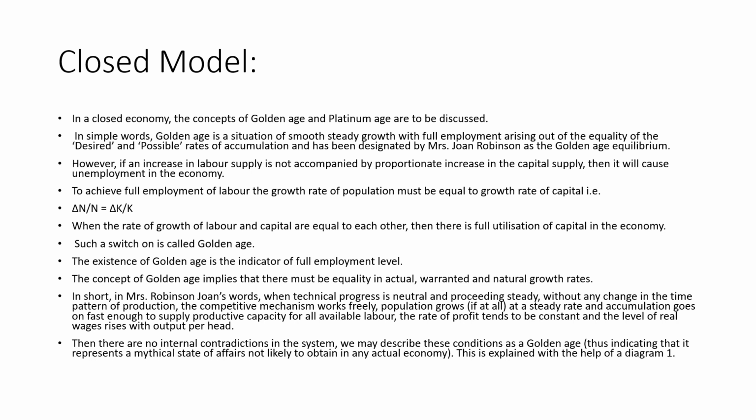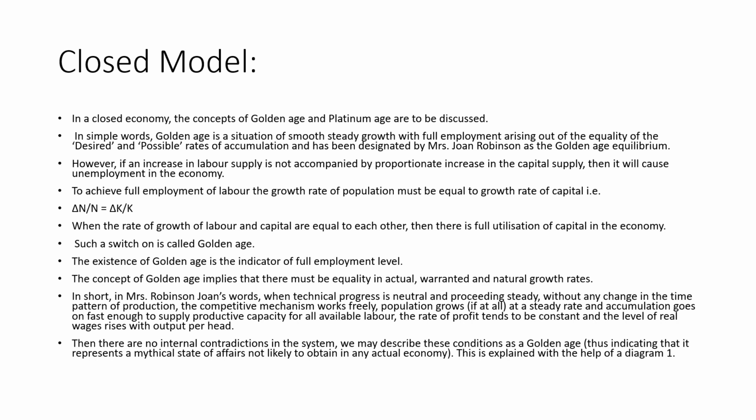In Mrs. Robinson's words, technological progress is neutral and proceeds steadily without any change in the time pattern of production, the competitive market works freely, population grows at a steady growth rate, and capital accumulation goes on fast enough to supply productive capacity for all available labor.